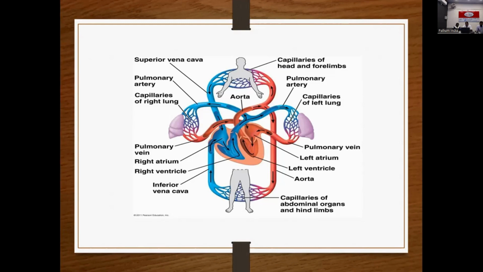From there, the pulmonary veins carry the pure blood to the atrium. From there it goes to the ventricle, and through the aorta the pure blood is carried all over the body. That is the systemic circulation in simple words. Many processes take place in it.